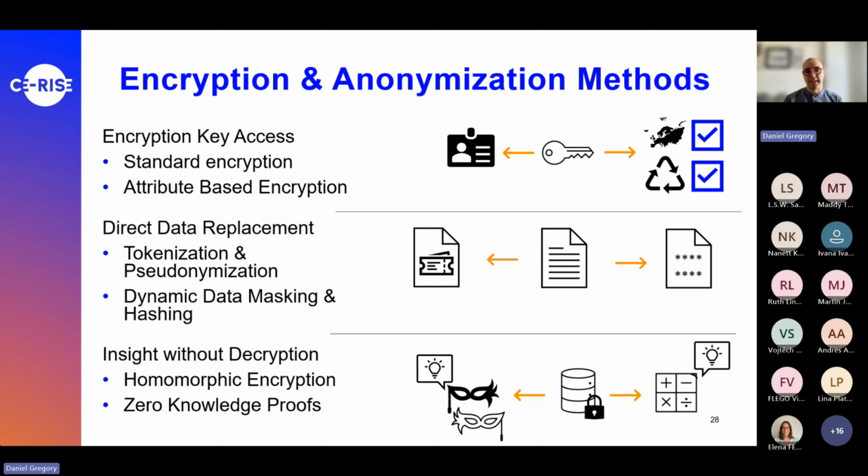You can then also create insights without actually decrypting it at all. This is maybe a more advanced level, but I think is a way that fully keeps the data, like the data never gets decrypted, so it's never visible and seen.